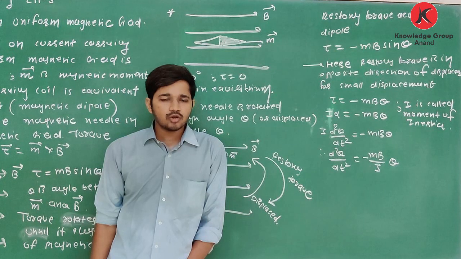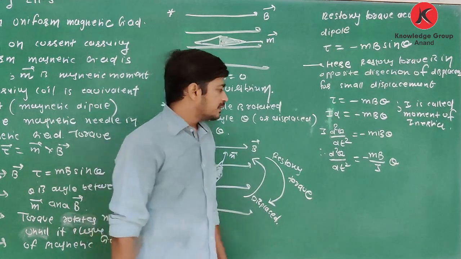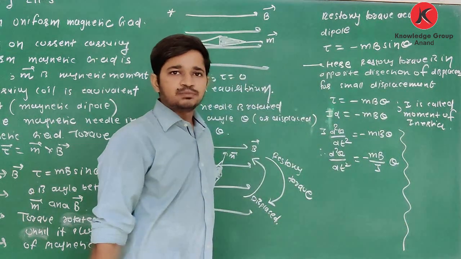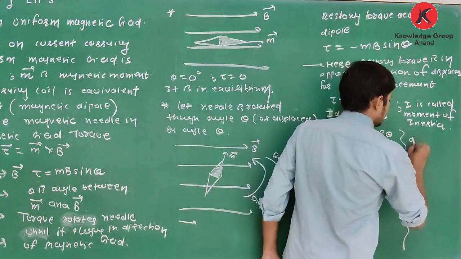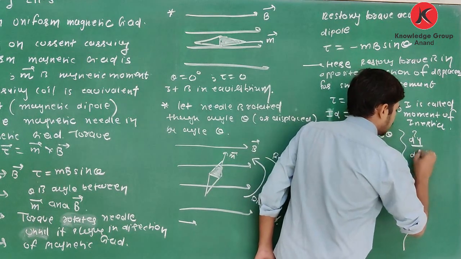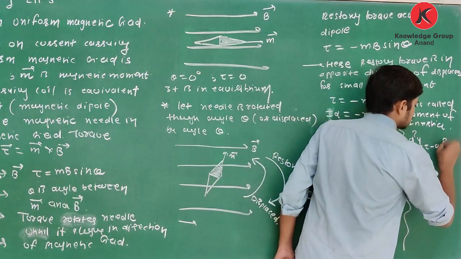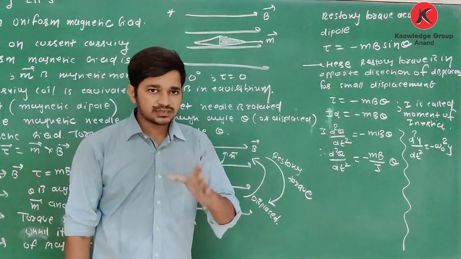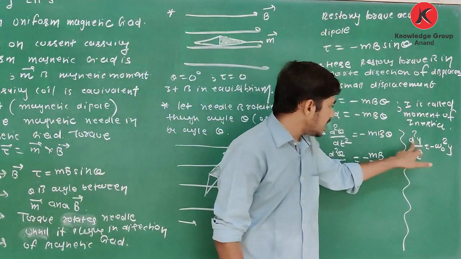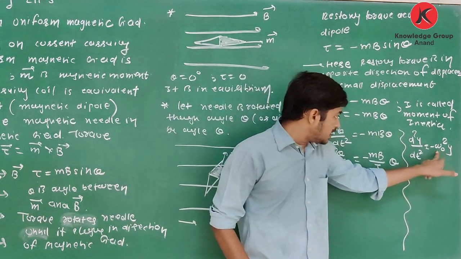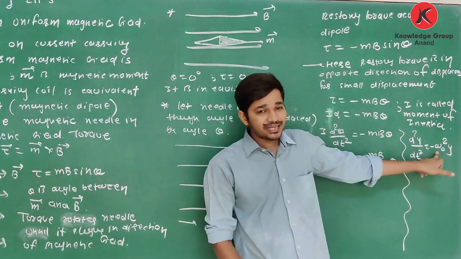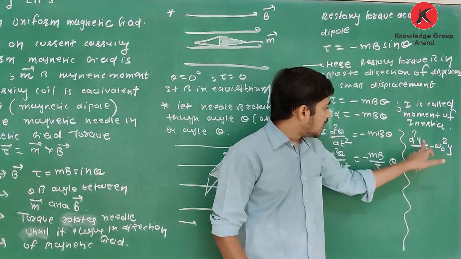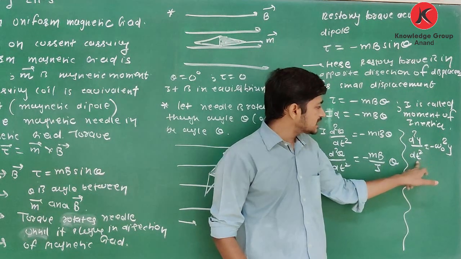Clear about this? Okay. Now, remember again chapter 11, simple harmonic motion. The second order differential equation for simple harmonic motion is d square y upon dt square equals minus omega 0 square y. Here omega is angular frequency, y is linear displacement, and t is time.